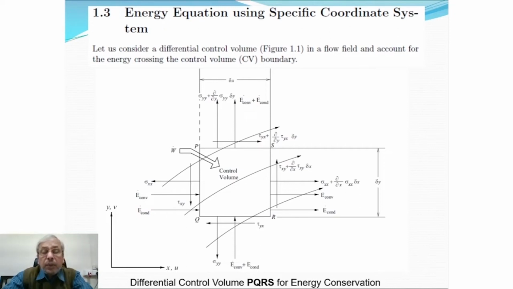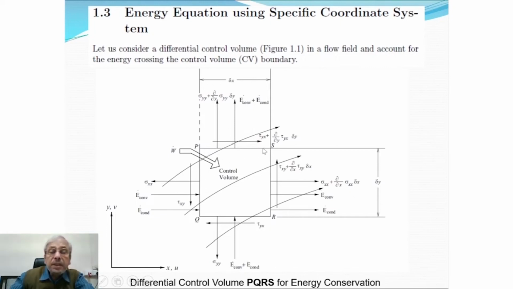Here we use Cartesian coordinate system, and the fluid is flowing. This is the x direction. Velocity component in this direction is given by small u. Velocity component in y direction is given by small v.